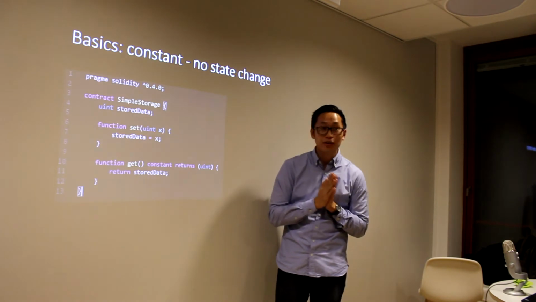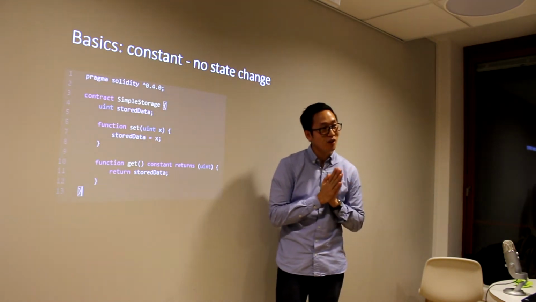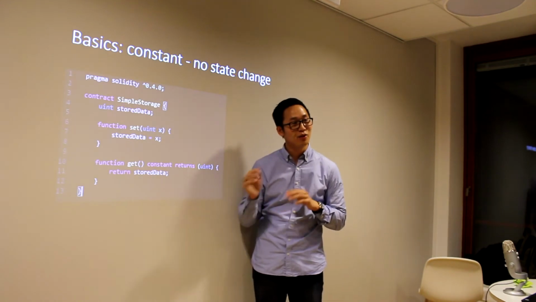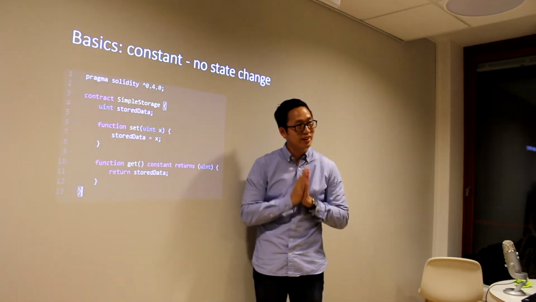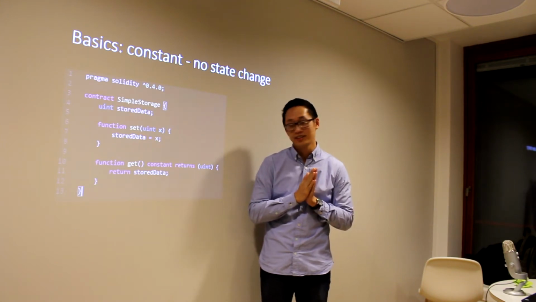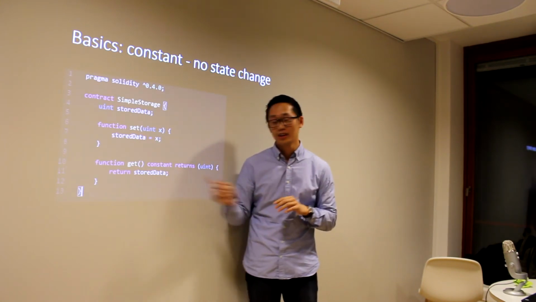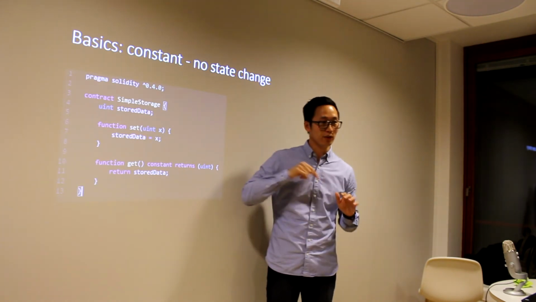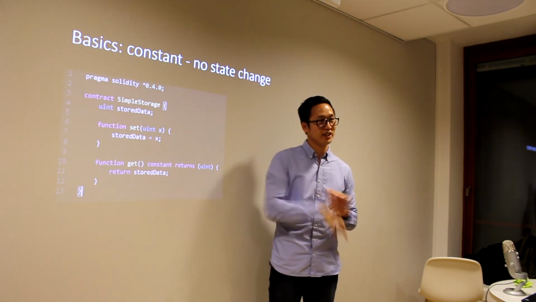So that also means that it's free to call this function. It's completely free. You don't have to pay any gas, don't have to put any values in a transaction. It's free to call this one, because this one only calls the local node that's in your local machine.